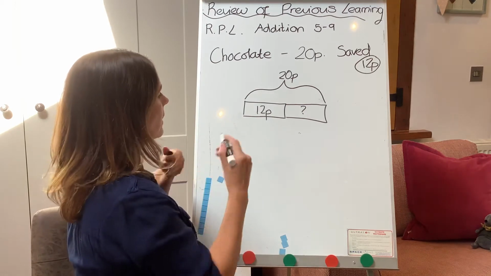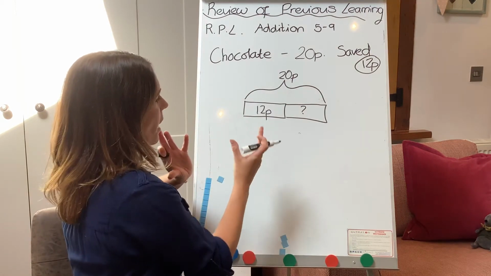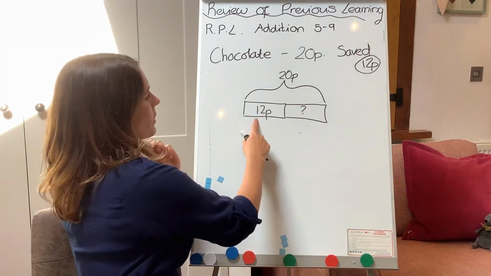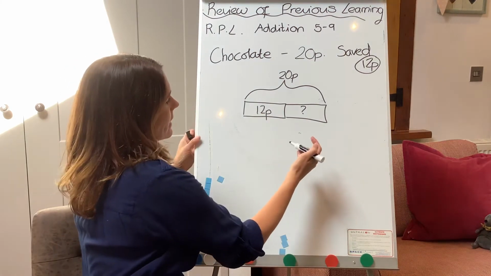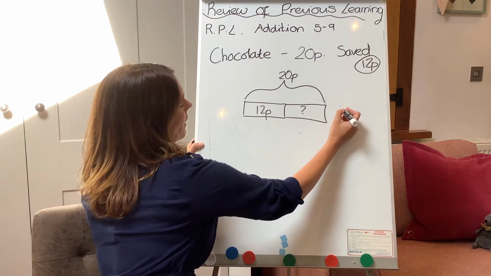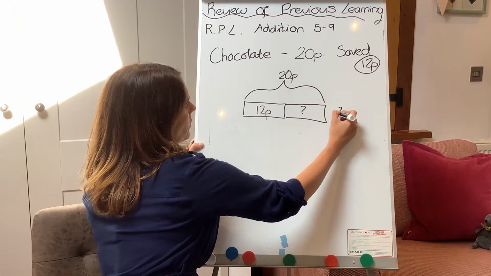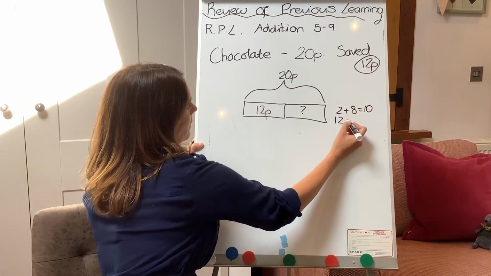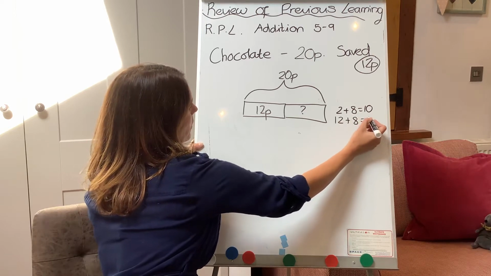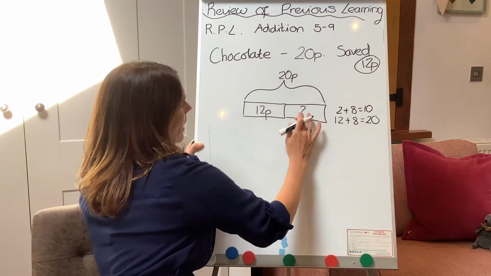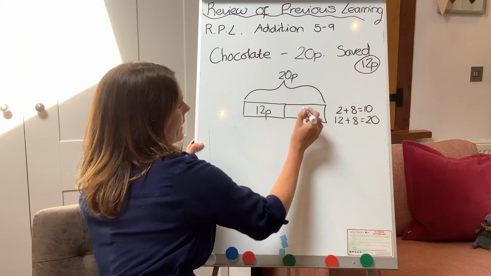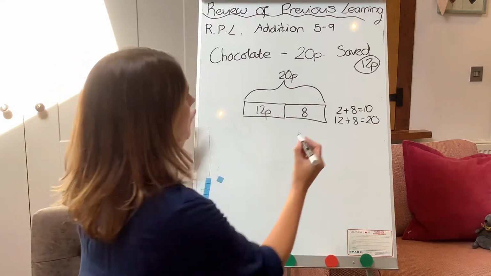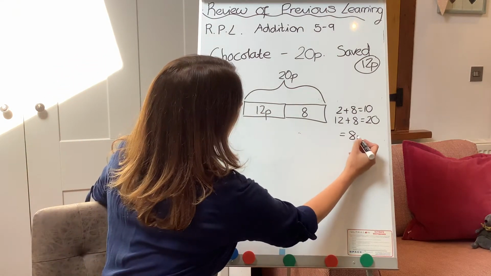You can add on, well, I know 2 and 8 make 10, so we've just done that. So 12 and 8 will make 20. So 2 and 8 is equal to 10. So 12 and 8 is equal to 20. So I know that that is 8 there. So he needs to save another 8 pence.